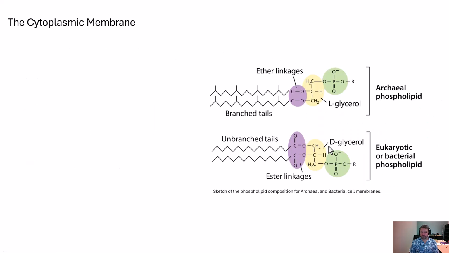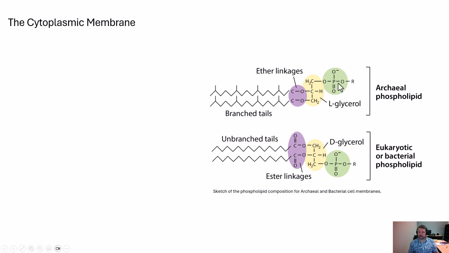Okay. A couple of interesting things about the differences between archaeal phospholipids and eukaryotic phospholipids. Both groups have a phosphate head, so no matter what the domain is, they have a phosphate head, and they have fatty acid tails.